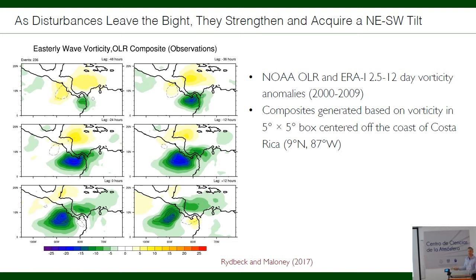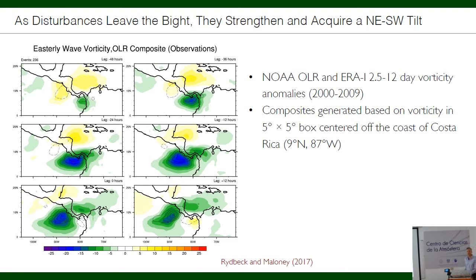But the other really interesting thing is that as these waves leave the coast, they start out reasonably circular, and then once they get near the Papagayo Jet, they start to take on this tilted structure. So the first thing I'll talk about is why they take on this tilted structure.